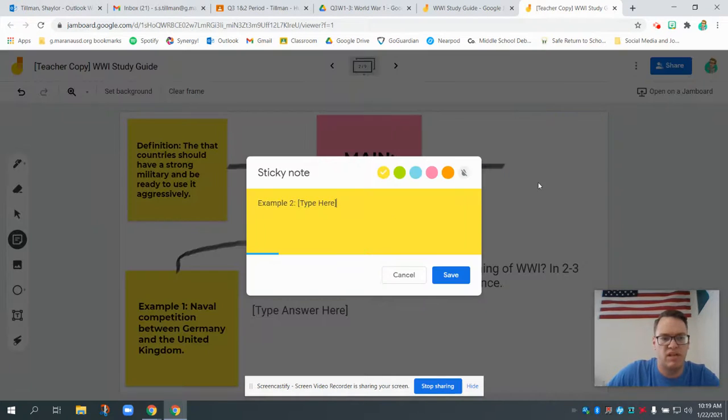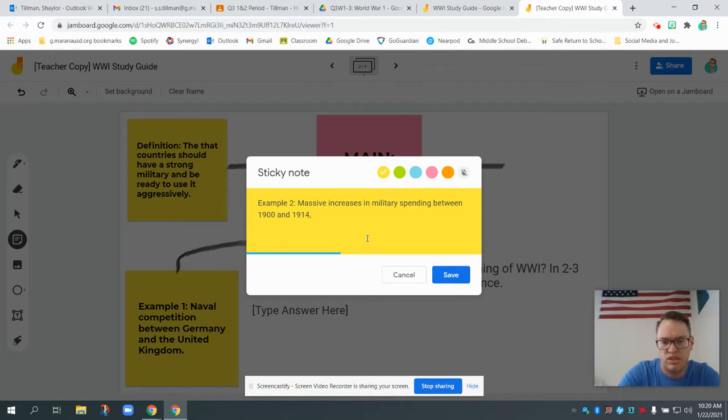All right, we're going to go on to example 2 here. And the second example, we've talked briefly in class about massive increases in military spending between 1900 and 1914.